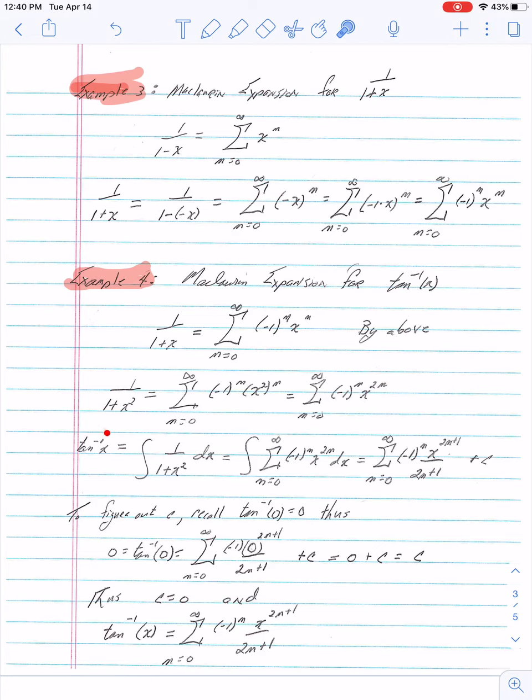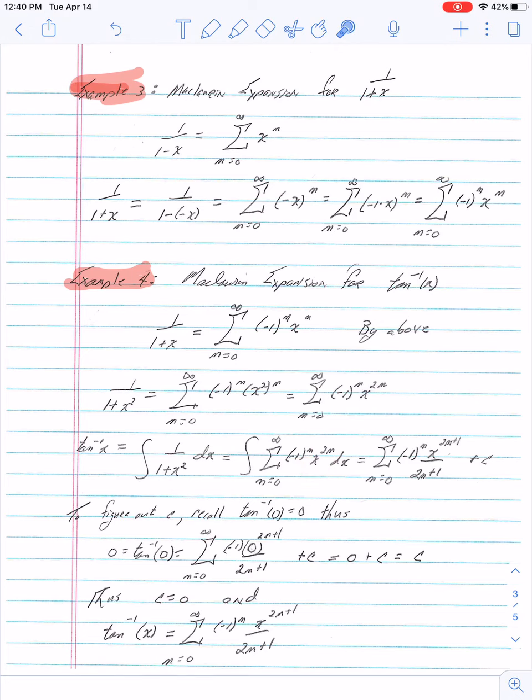And then if I want the arctangent, I just have to take this sum and integrate it. All right, so I do that. I integrate it. Well, I just integrate each piece. So minus 1 to the n goes along for the ride, it's a constant. I just have to integrate x to the 2n.